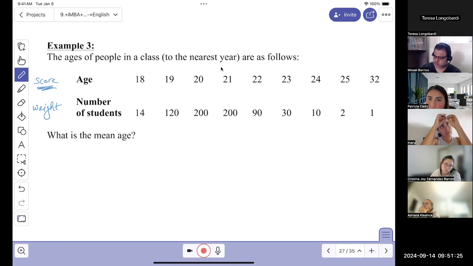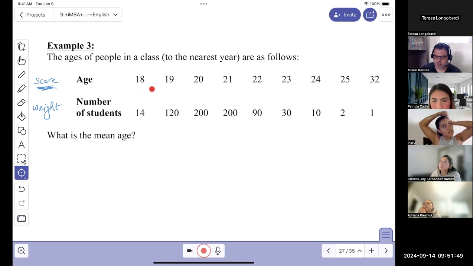It seems so elementary right now, but when you're in the test, in some of the questions, you have to be very clear when you're studying, what is the variable of interest? The number of students is not the variable of interest. You're interested in age. But this is telling you the significance of each observation for age, okay?